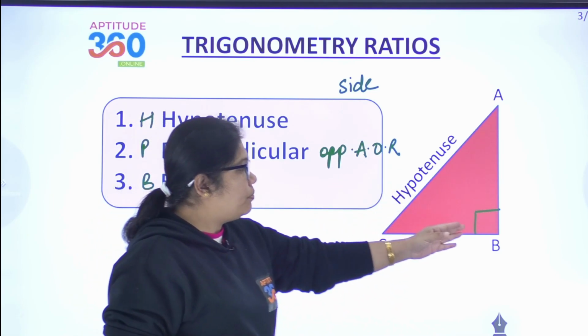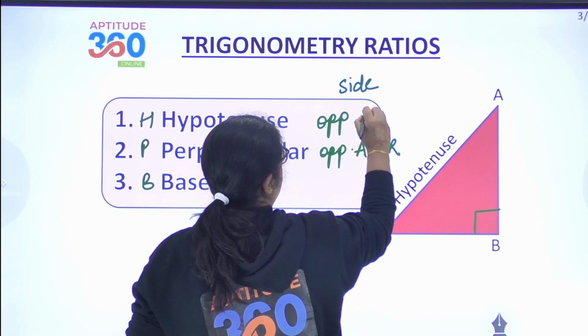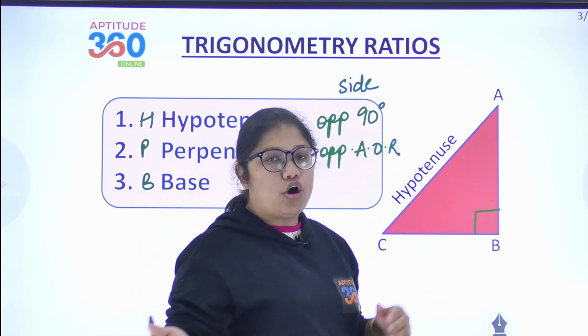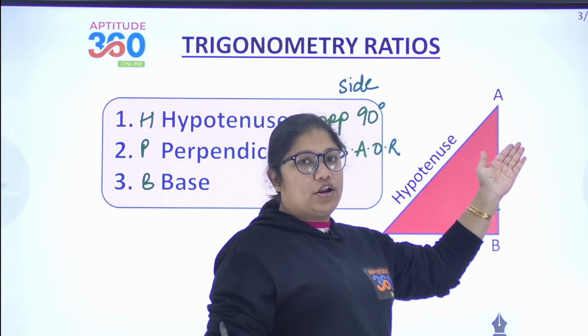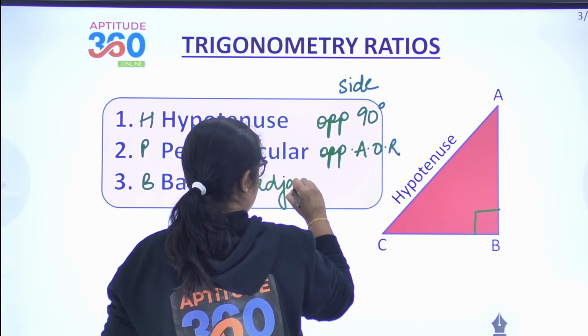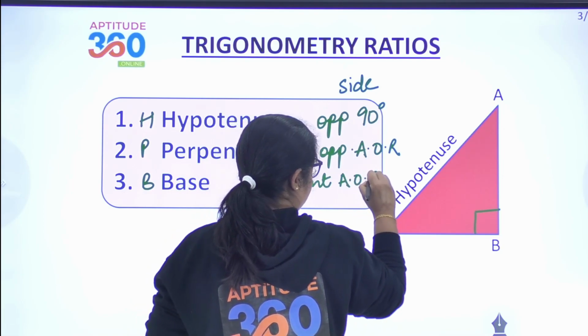And the side opposite to your 90-degree angle is known as the hypotenuse. Whichever side is left is your base, or you can also say the side adjacent to the angle of reference.